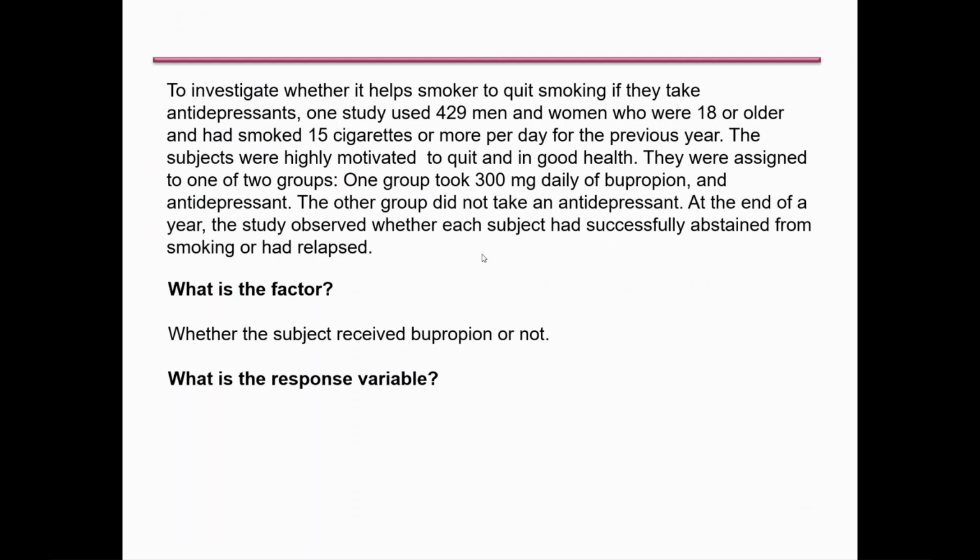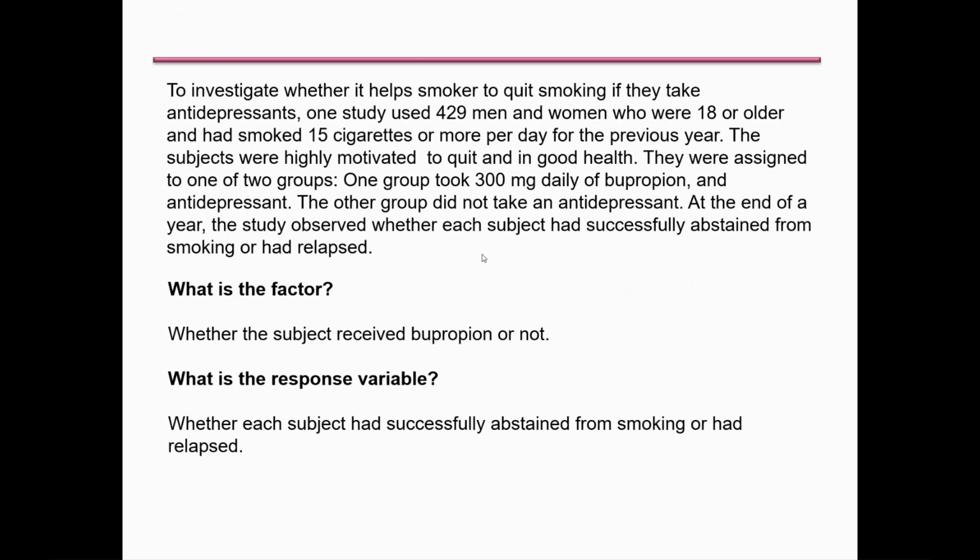And then what is the response variable? Well, we want to know what the factor is affecting. And we believe it's affecting whether or not each subject was able to quit smoking or not.